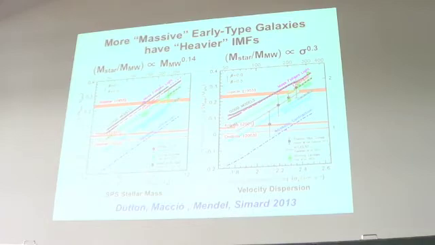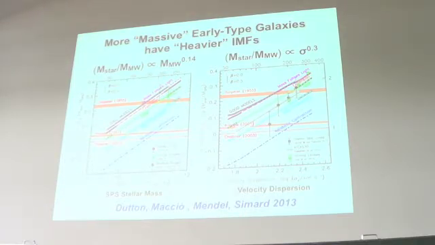So I do think that would indicate that your mild contraction models are probably slightly better than your mass follows light models, at least at the massive end. At the low mass end, yes, actually the mass follows light, I wouldn't advocate that at all for the 300 sigma galaxies. At the low mass end, we're actually getting things that are much closer to Salpeter at velocity dispersions of 100 to 150 kilometers per second.